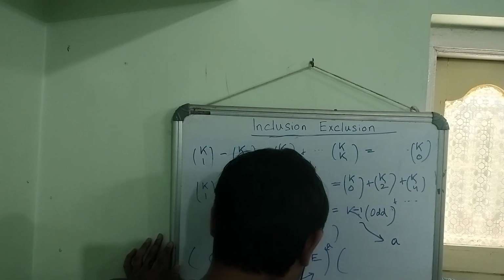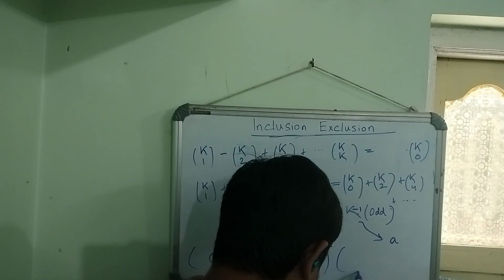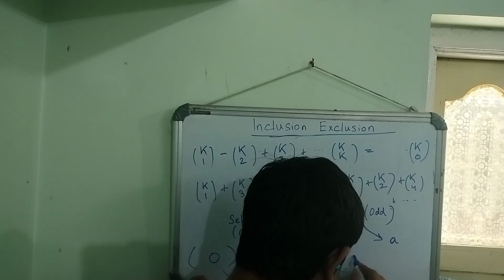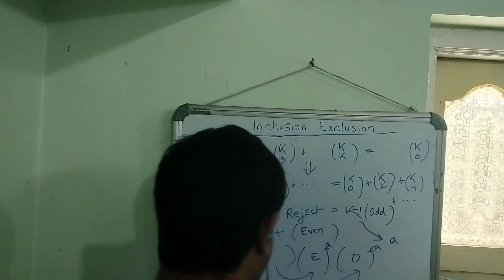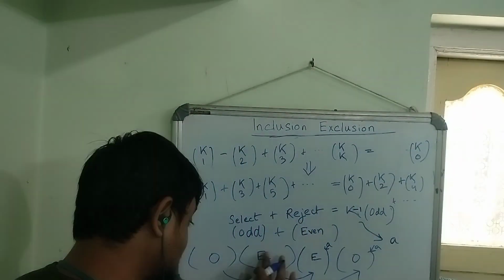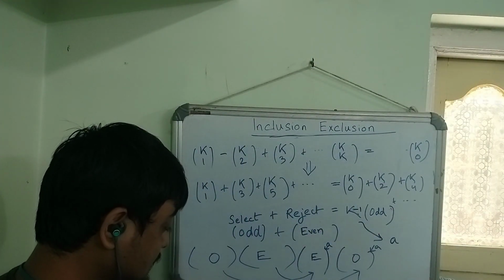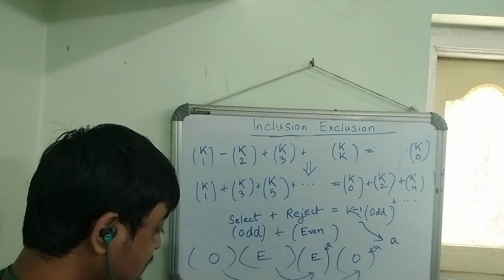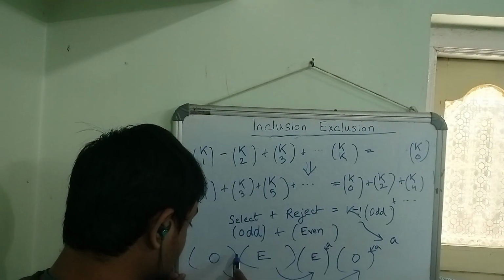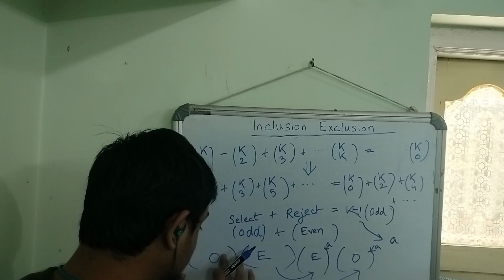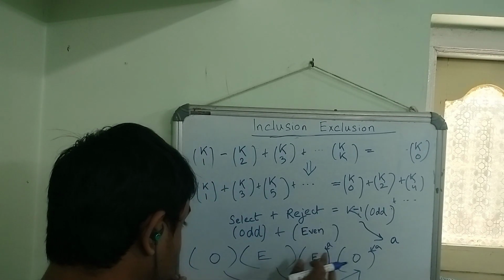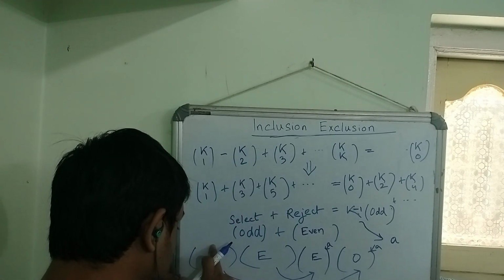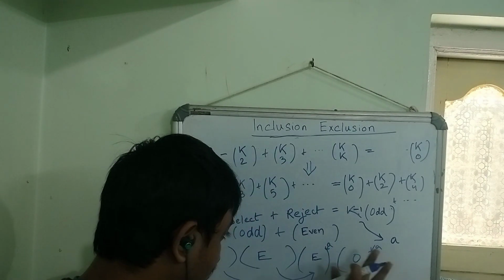And similarly, these will switch to odd subsets because we have added A to these only. Since initially the number of odd subsets and even subsets were equal, and we just added A to all these, all these four things will be equal.